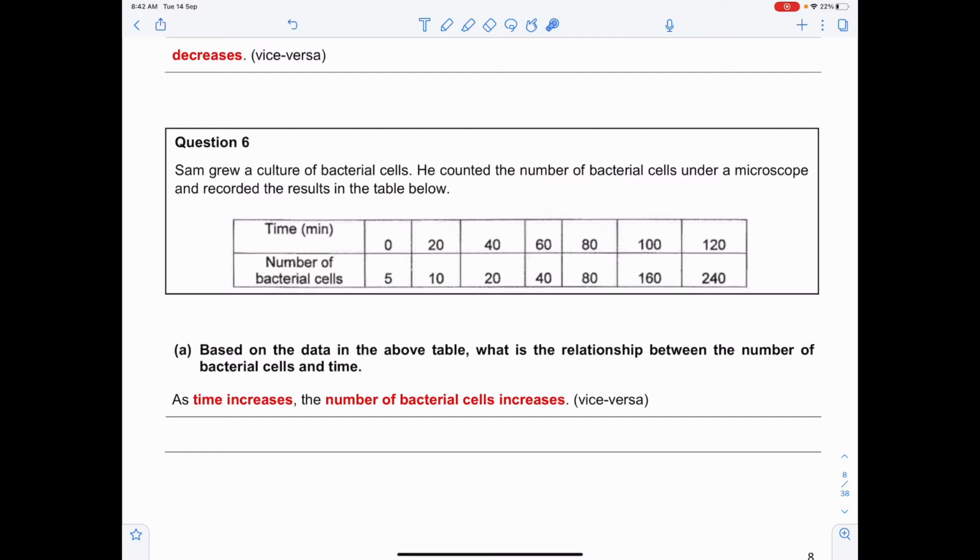Okay, so here are some common change variables and what they represent. So for example, distance between submerged plant and light source is actually the amount of light. Now there's another word for amount of light that is of a higher level. It's called light intensity.